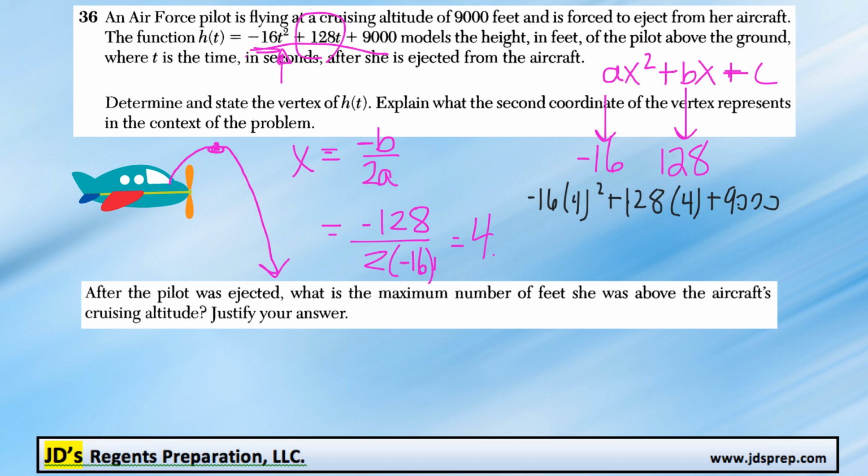Okay, and that gets us a height of 9,256. So that means our vertex is the point (4, 9,256).